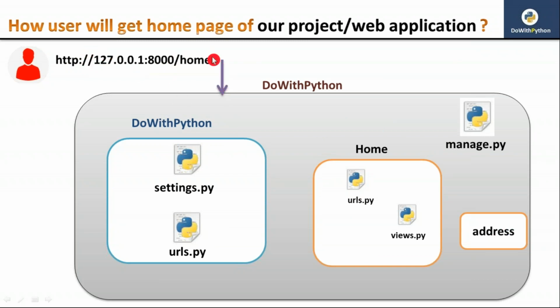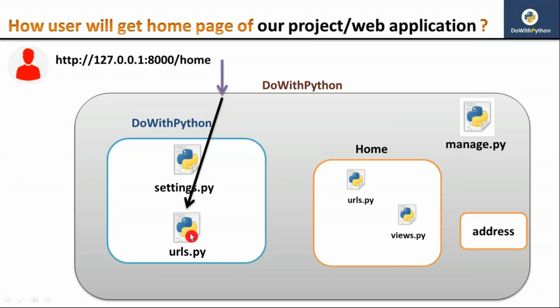But after reaching your project directory, where will it go? By default, first it will go to the urls.py of your Django project directory structure. Once it comes to urls.py, this urls.py will resolve what the URL is, and for which application this is the URL.